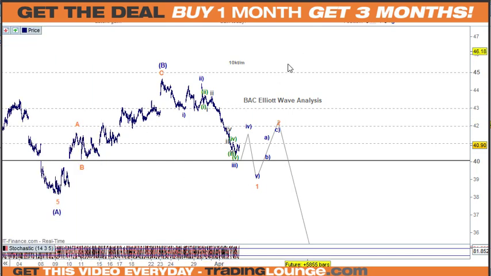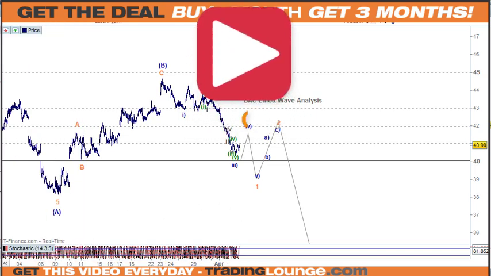So the bottom line is that if we get 5 waves here, then we're going to get another 5 over here, which is going to take that low out and put us in a bear market. So that's my concern with the S&P in that space.